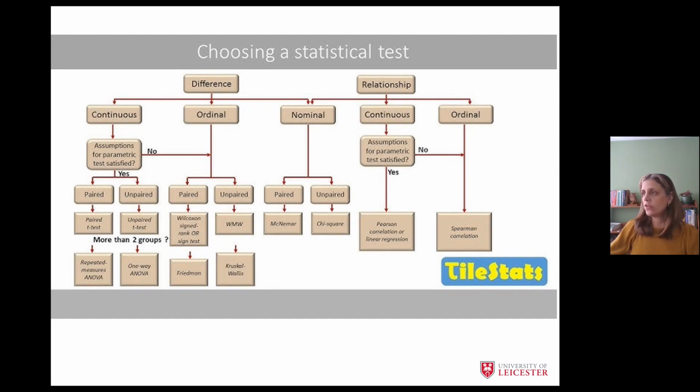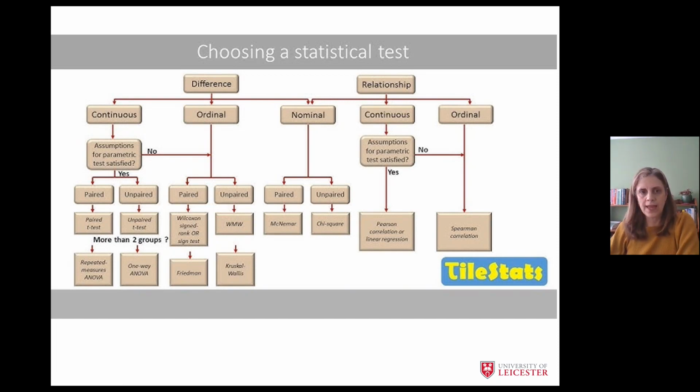I'm not going to talk you through all the tests, but let's think through a few examples. For example, if we are looking for a difference in blood pressure between two groups, maybe one group who has type 2 diabetes and one group who doesn't. First of all, we know we're looking for a difference rather than a relationship because we've got two groups that we're comparing. Blood pressure we know is continuous rather than ordinal or nominal, so that takes us to here.